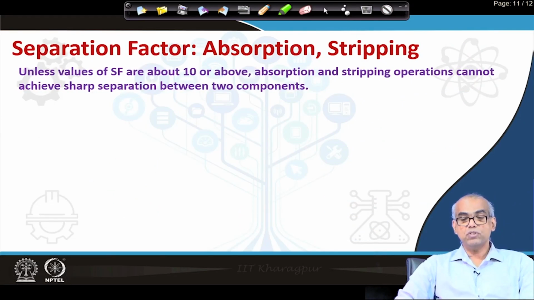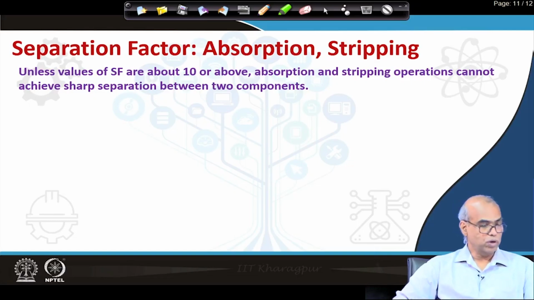Separation factor for absorption and stripping. Unless values of separation factor are about 10 or above, absorption and stripping operations cannot achieve sharp separation between two components.